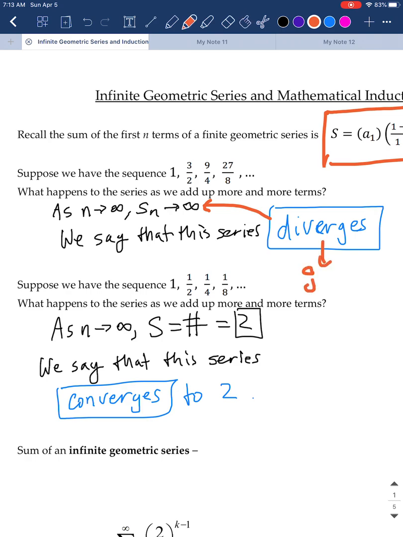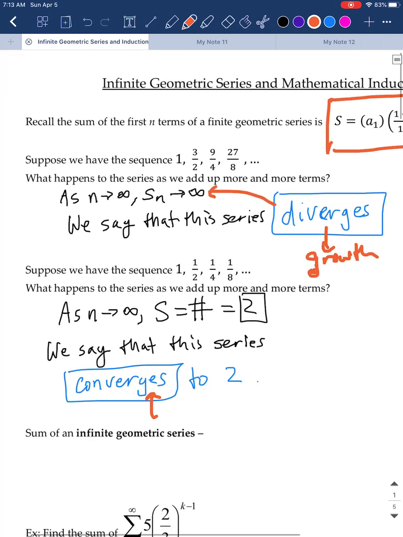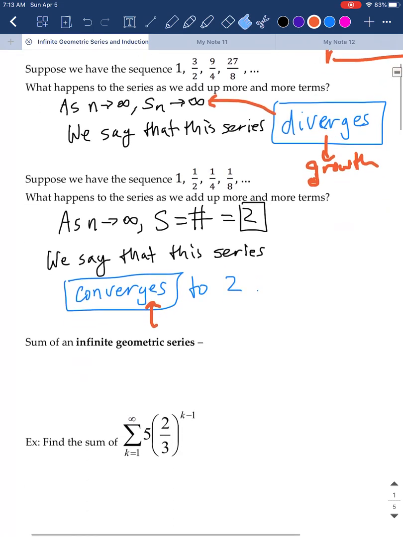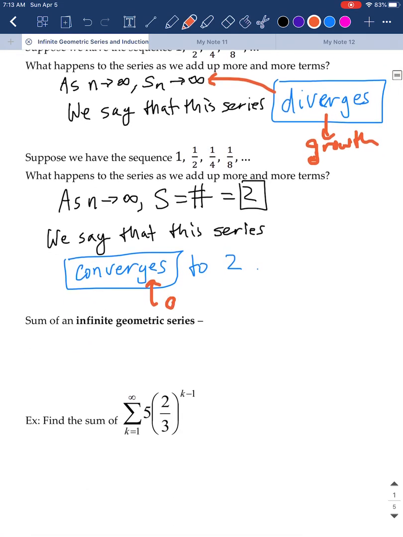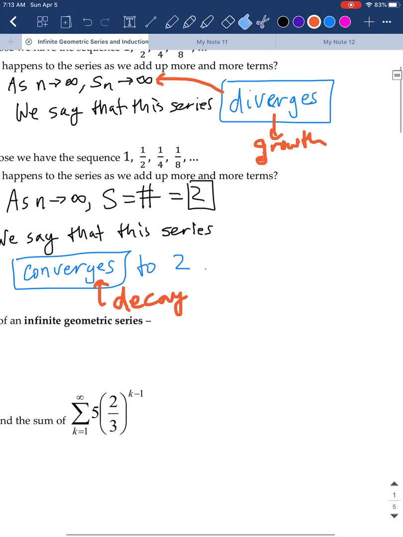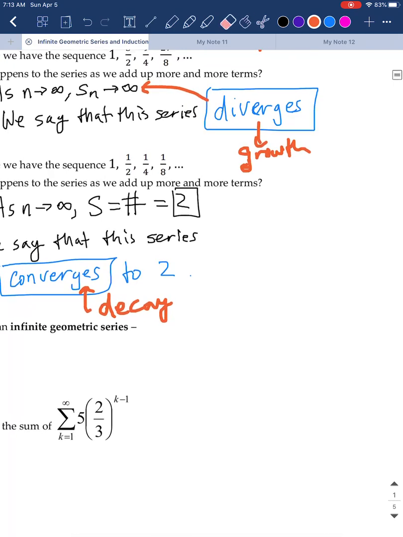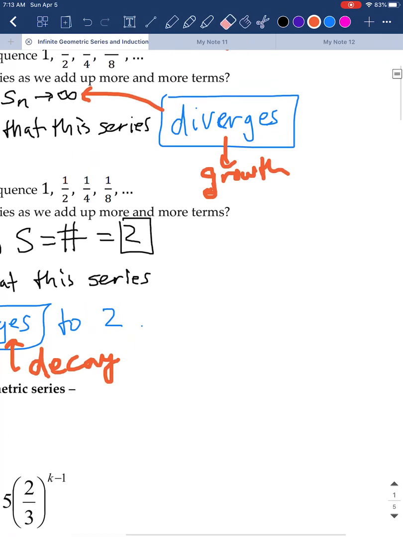So that's growth, and convergence is going to be decay. So how do I tell if an exponential model is growing or decaying? I look at the rate.